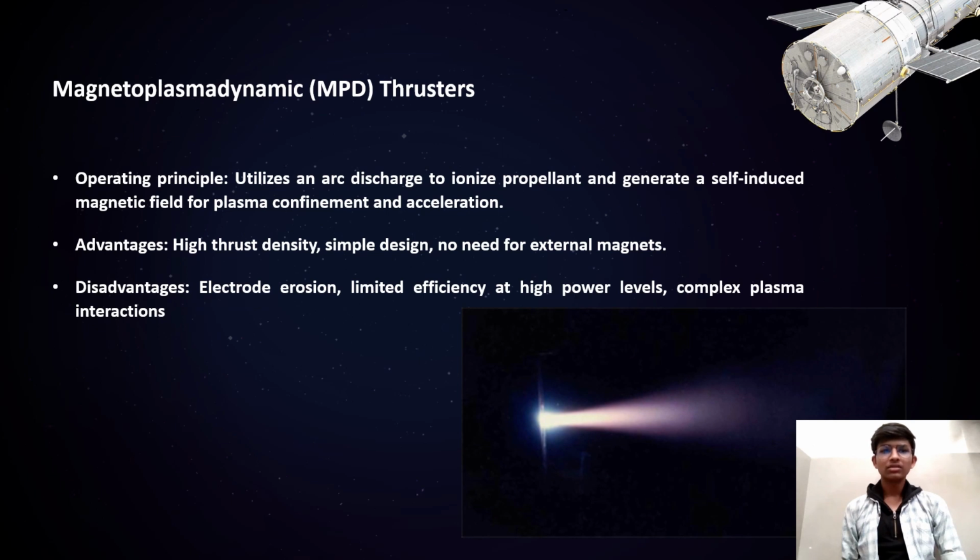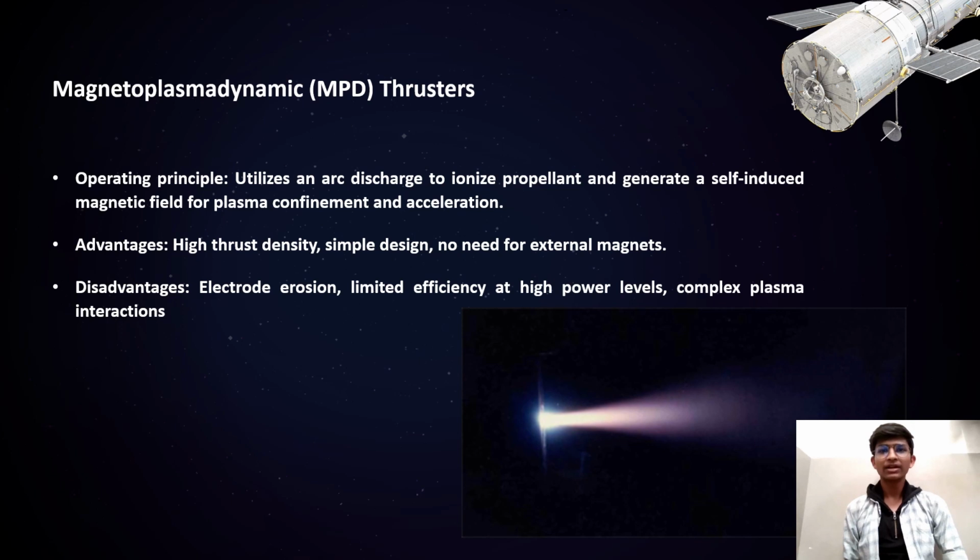Now, moving towards the magnetoplasmadynamic thrusters, in short MPD thrusters. MPD thrusters are a powerful type of electromagnetic thruster known for their high thrust density and simple design. They operate by creating an arc discharge between the electrodes, which ionizes the propellant and generates a self-induced magnetic field.